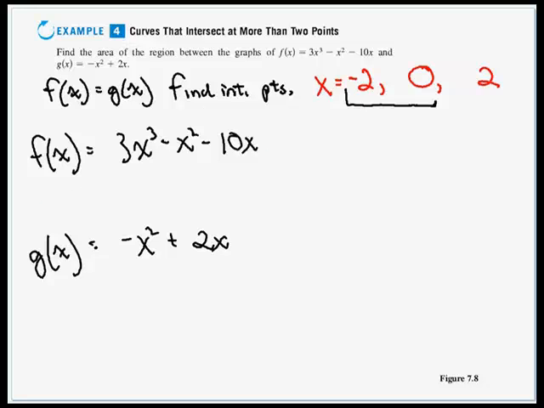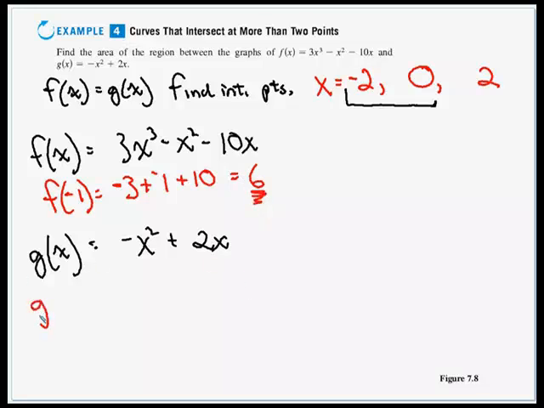So we're going to look at f of negative 1. So 3 times negative 1 to the third is negative 1, which will make this a negative 3. Minus negative 1 squared is positive 1, so it's minus 1. And then here we have minus 10 times minus 1 is plus 10. So negative 3 minus 1 is negative 4, plus 10 is 6.